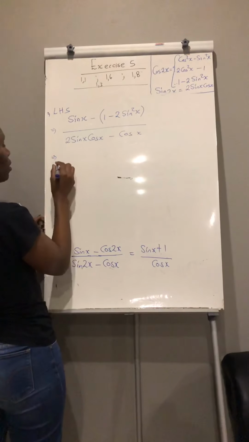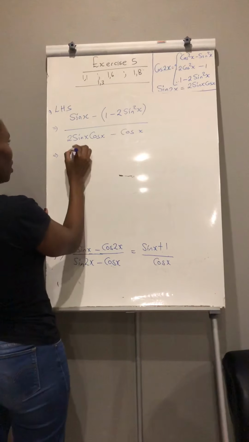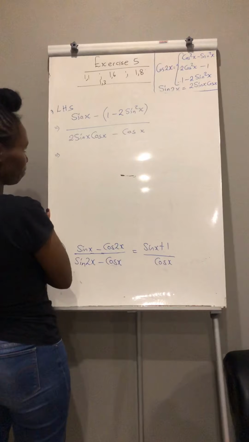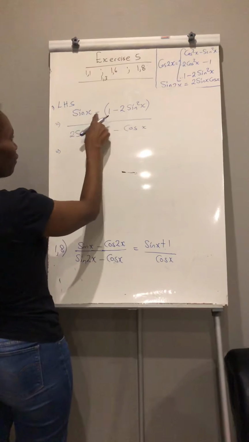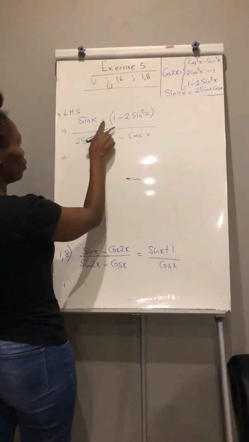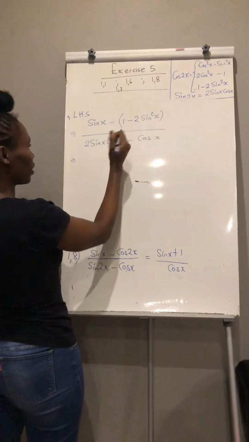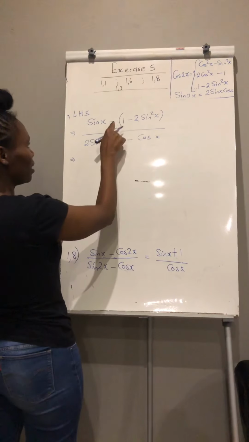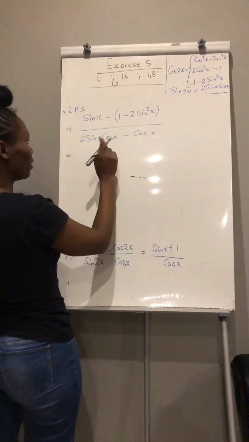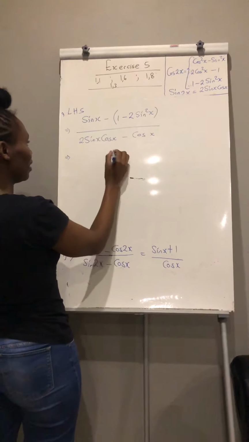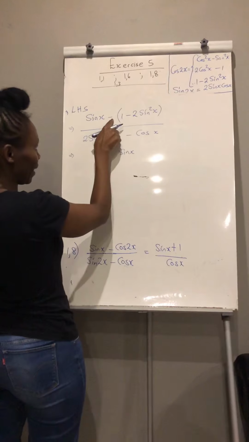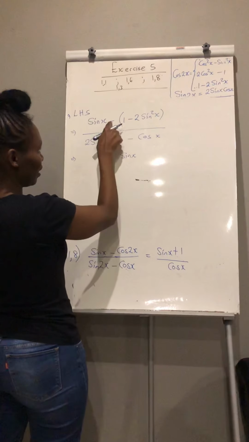As you can see, the numerator now is, I'm going to have to rearrange this fast because I don't want to have too many steps. Notice sine x will be here. Let me say this is sine x. This sine x that I wrote is this one. But this is minus 1.